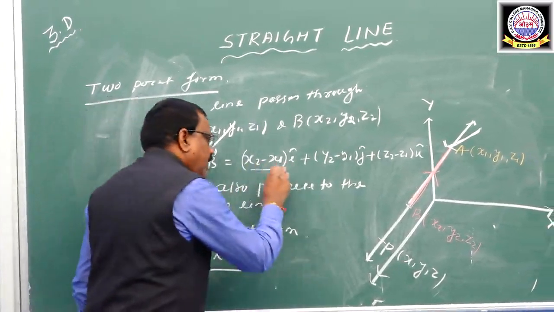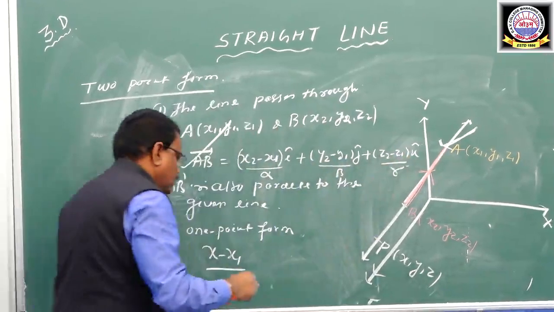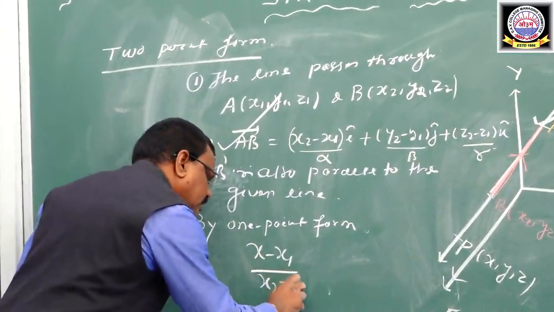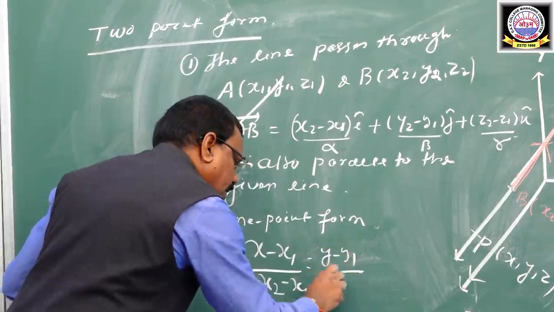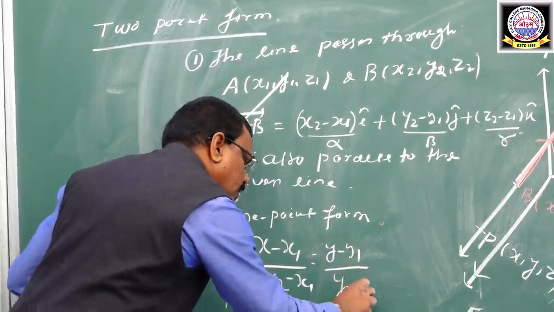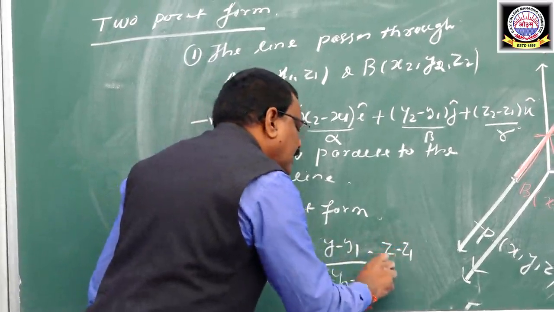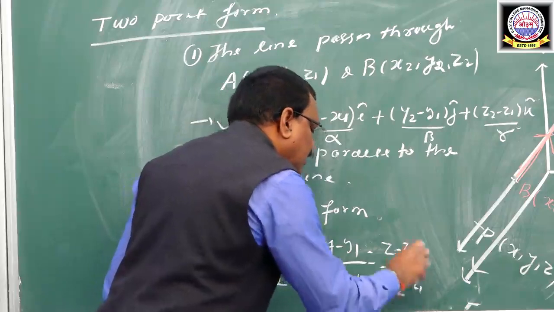This is alpha, this is beta, this is gamma. So x minus x1 by x2 minus x1. Similarly, y minus y1 by y2 minus y1, z minus z1 divided by z2 minus z1.